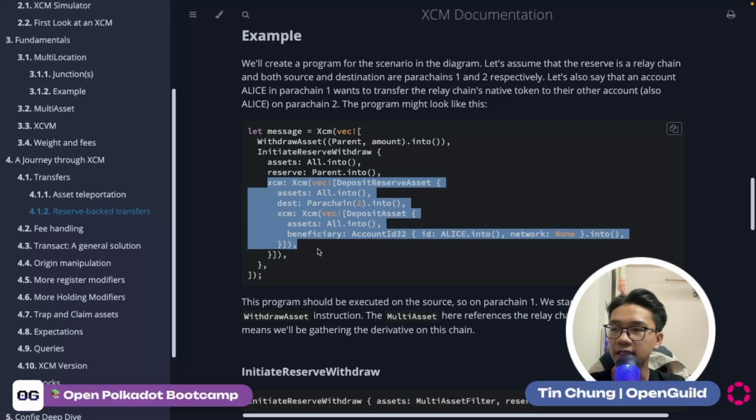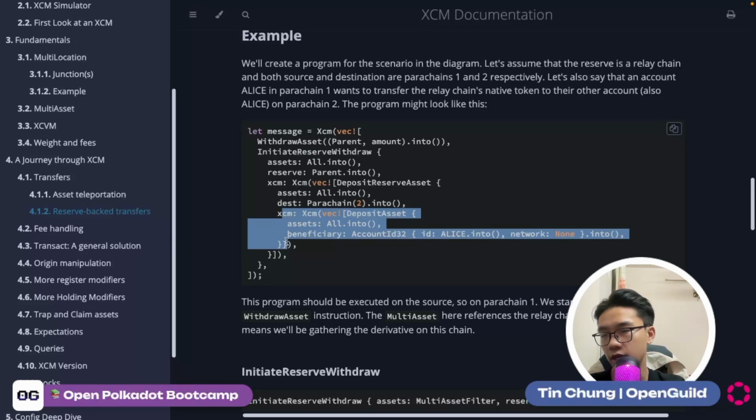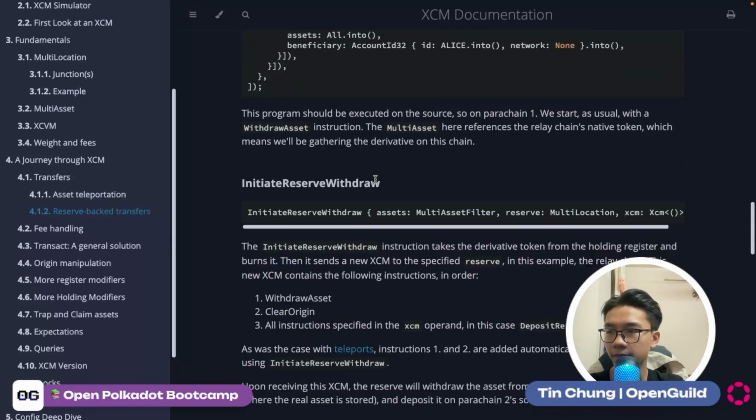Then you call an XCM, and this XCM is going to contain the deposit reserve asset. You send it to the destination blockchain, like parachain 2. Imagine you are parachain 1, and you also have the XCM deposit asset that you add to the account list on that deposit reserve asset.